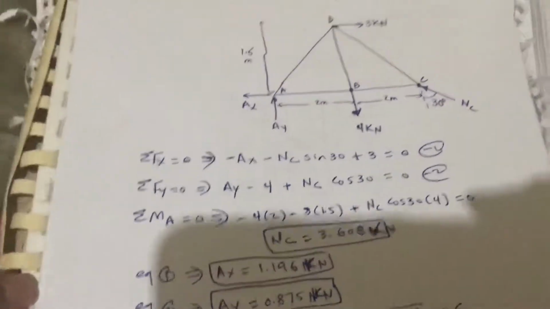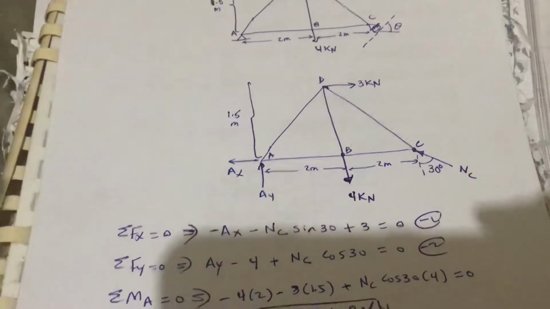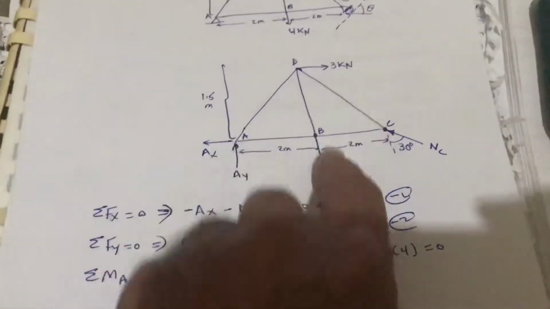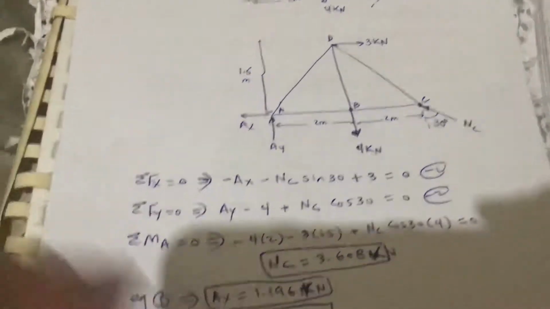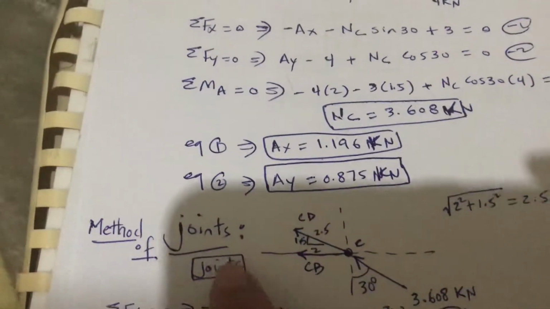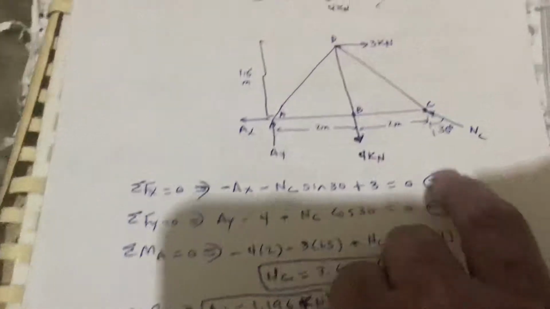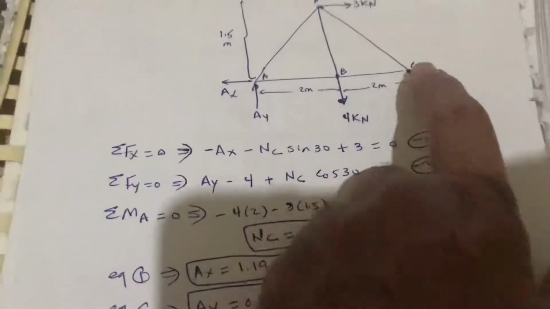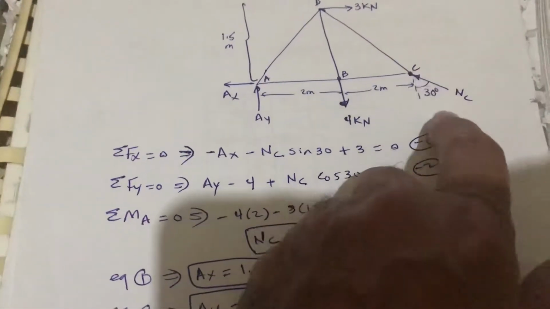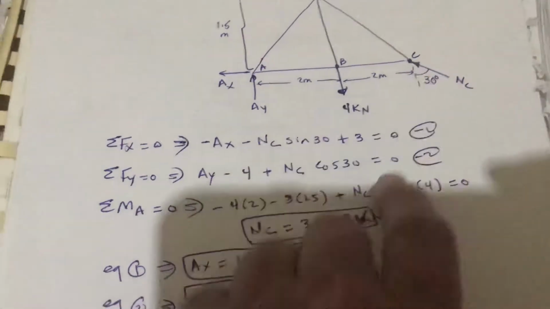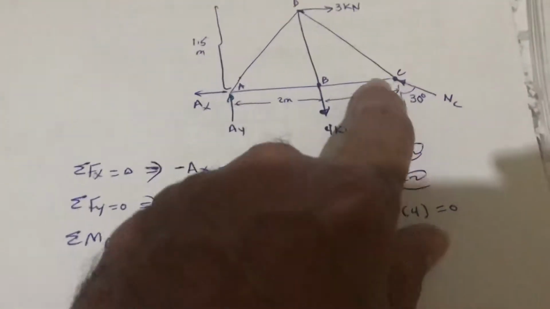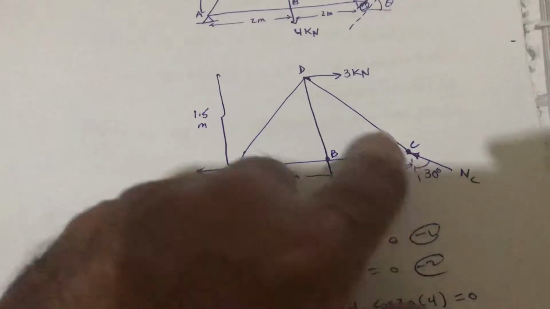Now we take, there are two methods to solve this, either by section or by joint. Let's find it by joint. Let's take the first joint, joint C. So joint C, how many forces are on it? This force, NC, and of course NC is known. And we have CD.